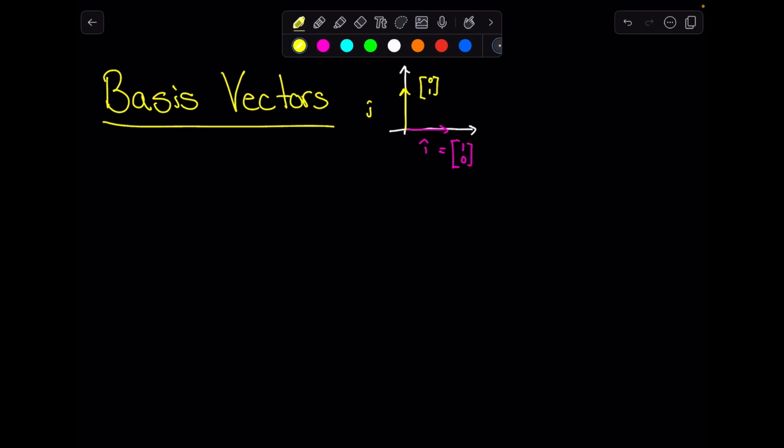What I had said in the previous videos was that these vectors are pretty cool because I can use them to construct any other vector in the space.